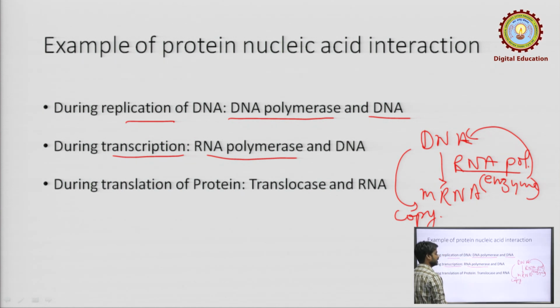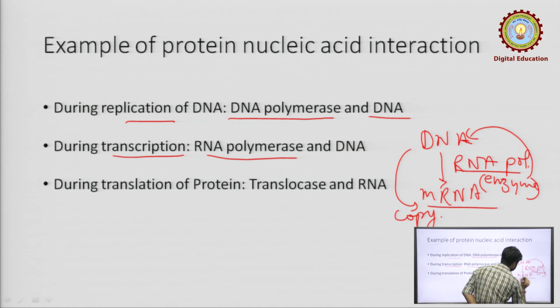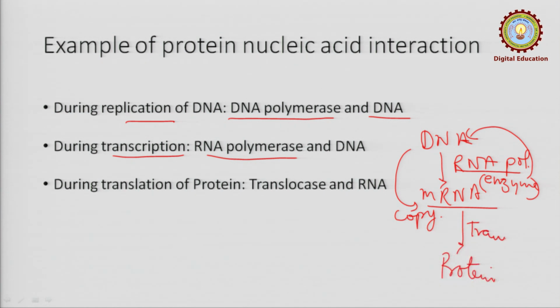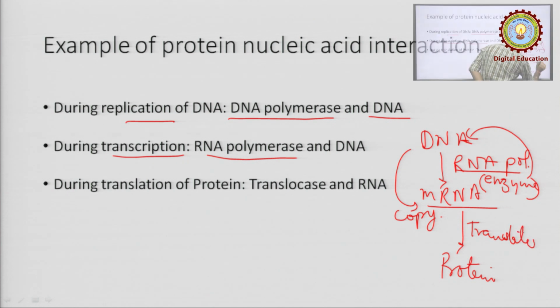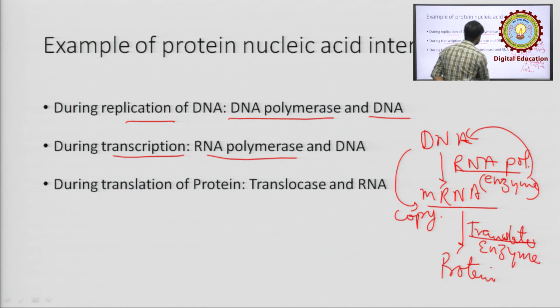After that, the messenger RNA is transcribed, and it will translate into protein with the help of some enzymes. And what are enzymes? Enzymes are proteins, like the translocase enzyme. So these are examples of how proteins interact with nucleic acid in our day to day life.